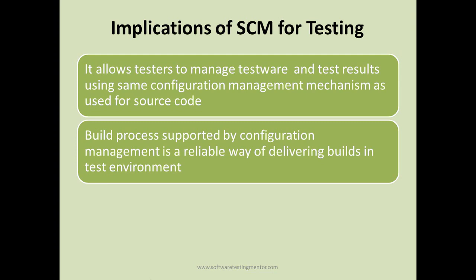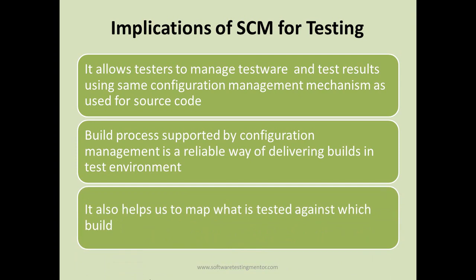The build process supported by software configuration management tools is a very reliable way to deliver builds in the test environment, because you have a fixed version of the build against which you will be testing and raising defects, and developers have a clear idea about which version they released against which the defects are occurring, and in which version those defects get fixed and deployed again. So this build process is very important for testing and development.